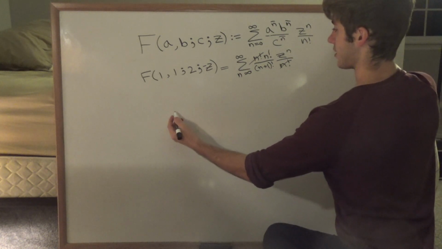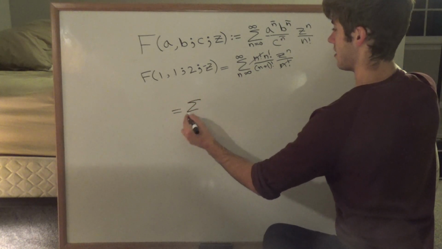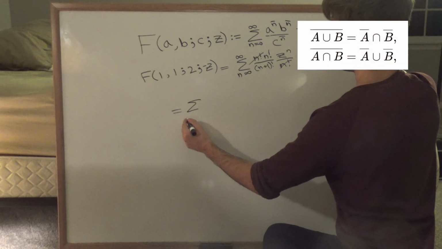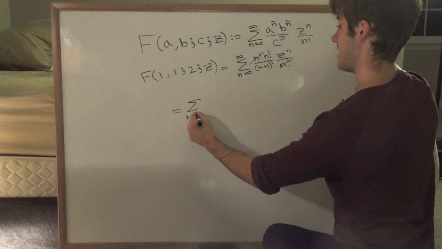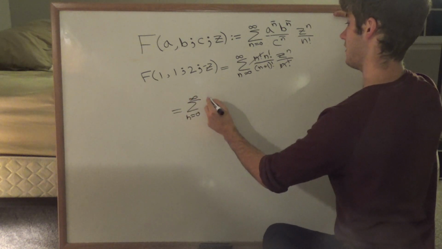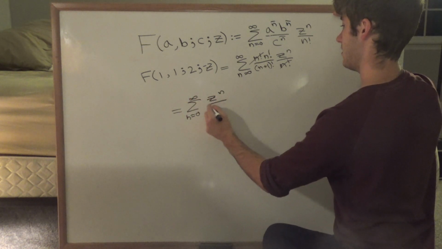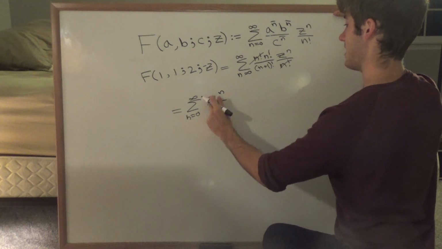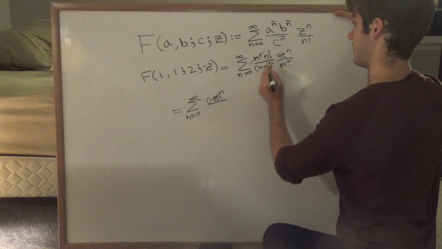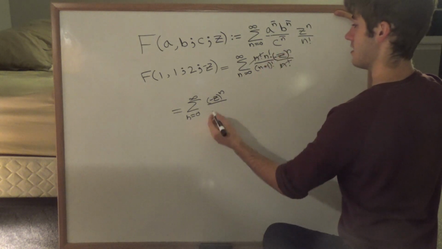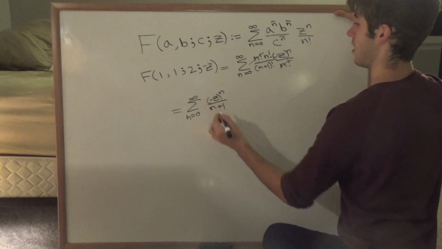And so that's going to give us the sum from n equals 0 to infinity of negative z to the n divided by n plus 1.